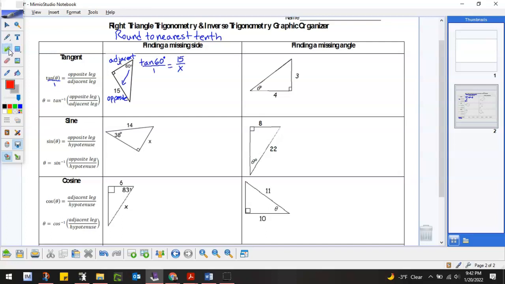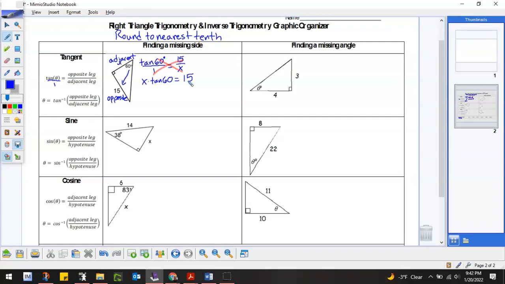Let me highlight where we're multiplying, right? We're taking x times tangent of 60 and 15 times 1. So x times tangent of 60 equals 15 times 1. And I just wrote that as 15 because 1 times 15 is 15.